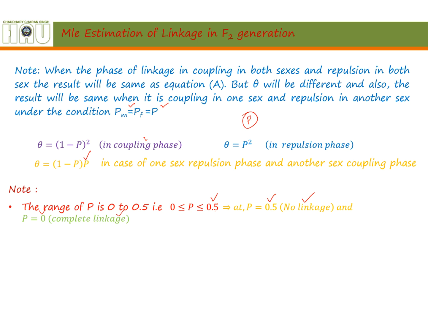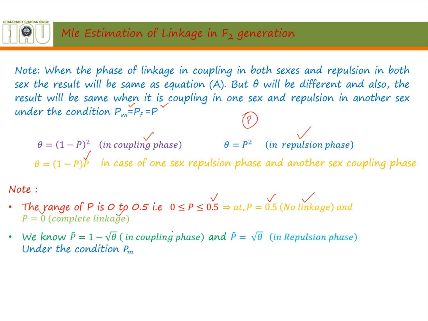Now we will consider these repulsion cases. So we know that P cap is equal to 1 minus root theta in coupling phase, and P cap is root theta in repulsion phase, under the condition that the recombinant fractions in male and female are equal.